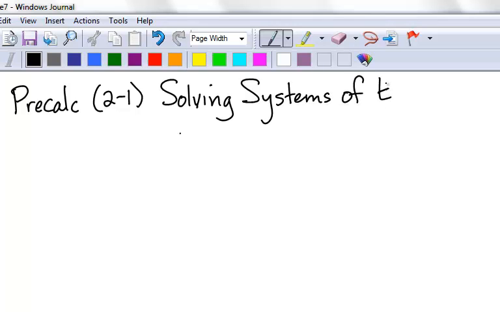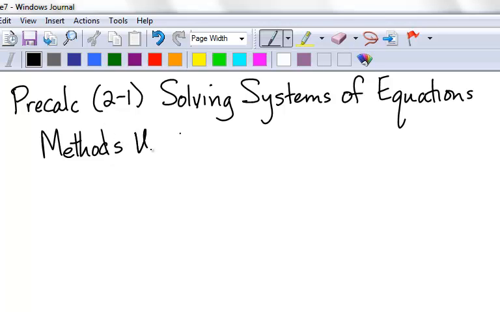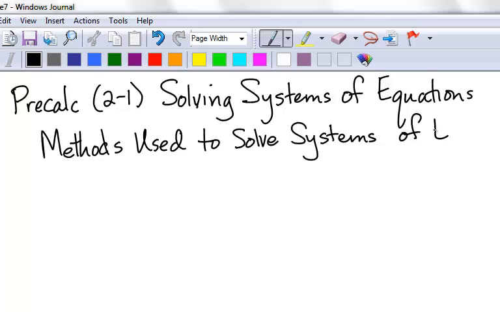First I want to go through the different methods, and you've had some of these already, and some of them you'll get in this class. The methods used to solve systems of equations.